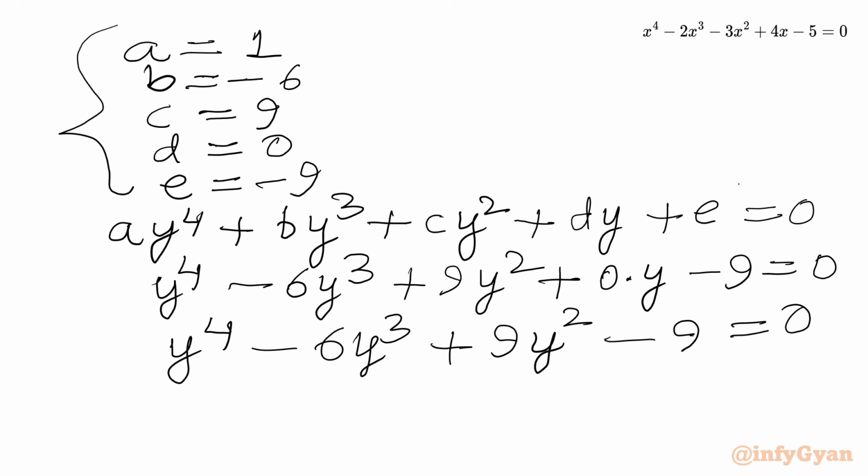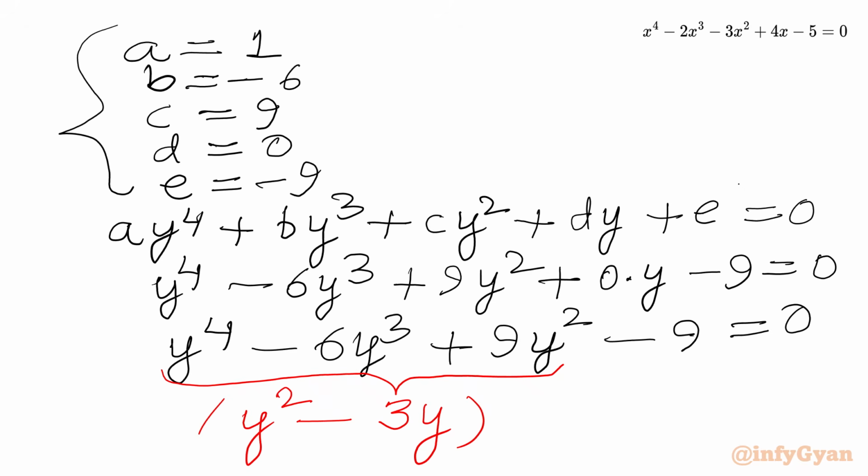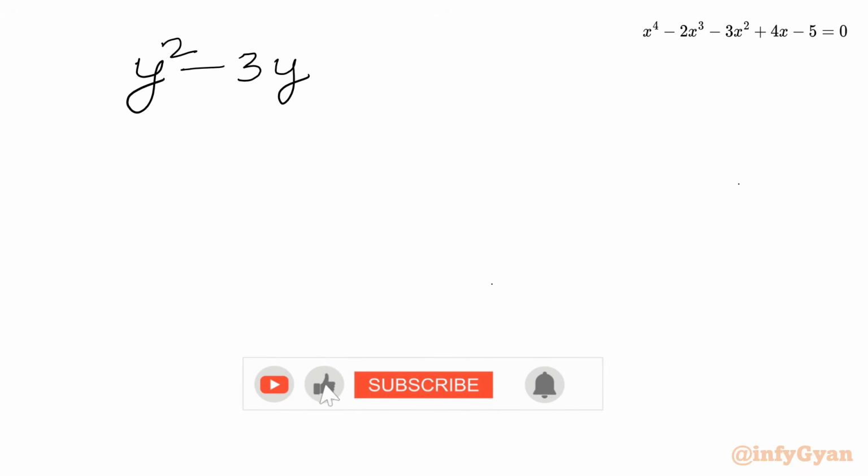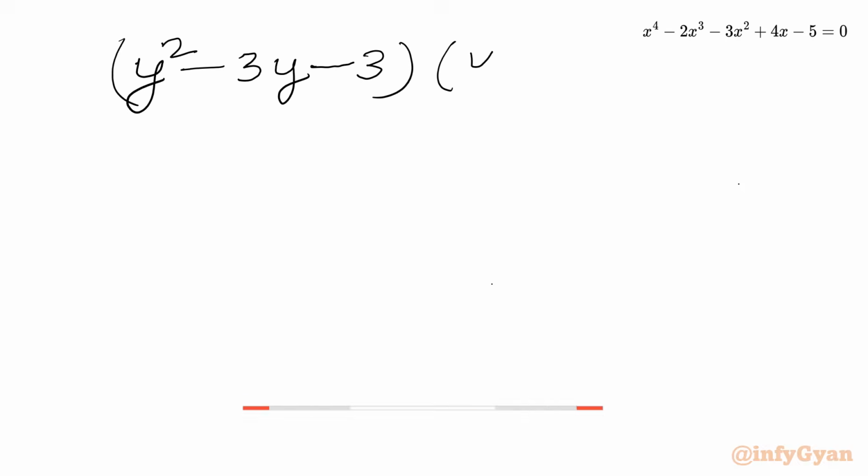Now we have to solve this quartic equation. From the first three terms of this equation, we can write this as the perfect square of y square minus 3y, and 9 is the square of 3. So we can use the difference of two squares formula, a plus b times a minus b. We will get y square minus 3y plus 3 and y square minus 3y minus 3.